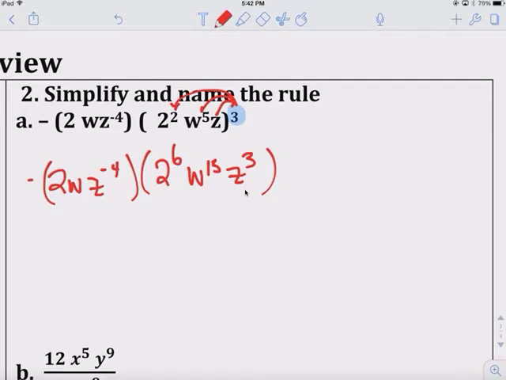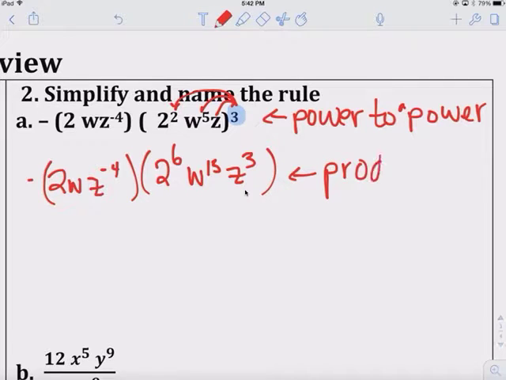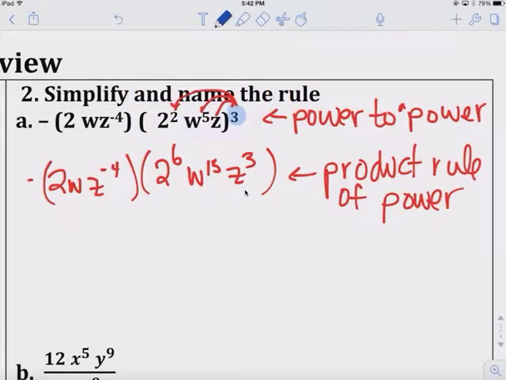This rule is called power to a power. And now we're going to do the product rule of powers, which says we can combine these because the base is the same. So we got 2 to the 7th.